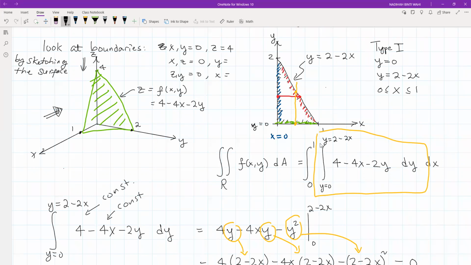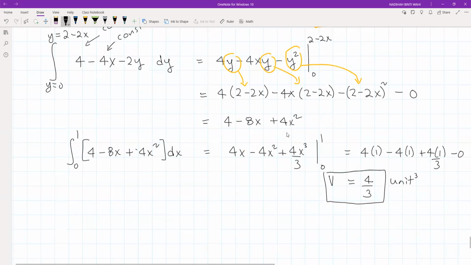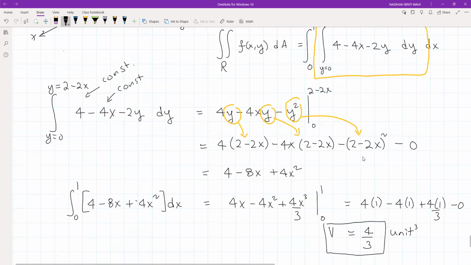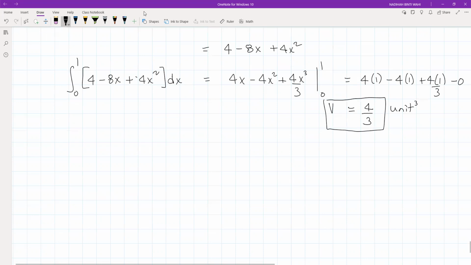Okay, now if we change our point of view, let's say we are looking at this one, the zy plane, yz plane. So we are looking at this direction. I don't want to solve it, but I just want to give you the gist of the problem. And you need to make sure that the output should be the same.